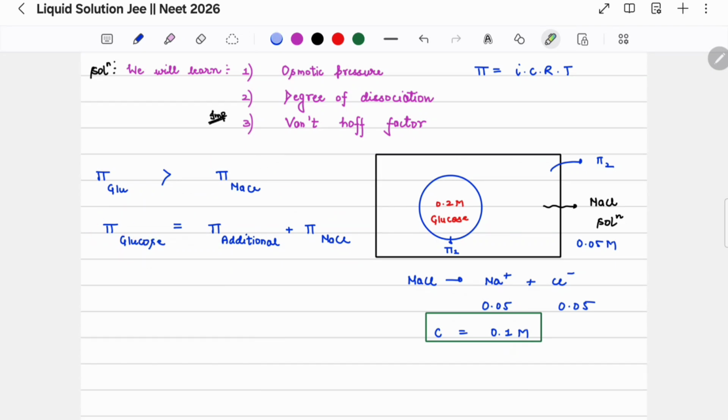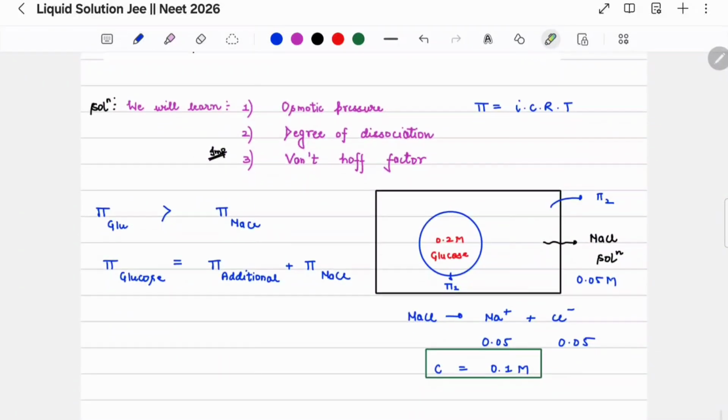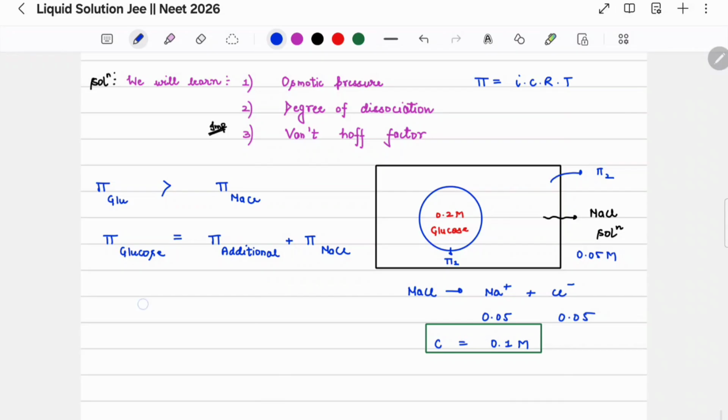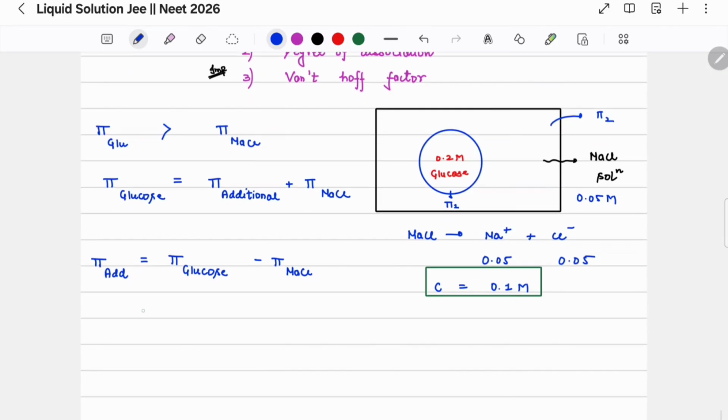Now you need to understand in this question that they are only asking the osmotic pressure developed. So what do I need to calculate? Pi additional will be equal to pi glucose minus the osmotic pressure of NaCl. Now the question has been straightforwardly solved. Now tell me, the osmotic pressure formula I know: I write glucose as 1, so i1 C1 RT, and this will be i2 C2 RT.